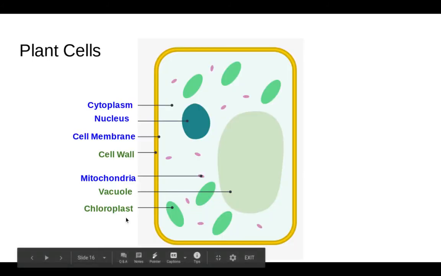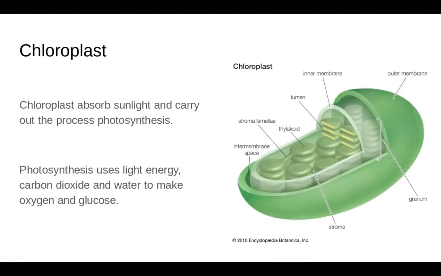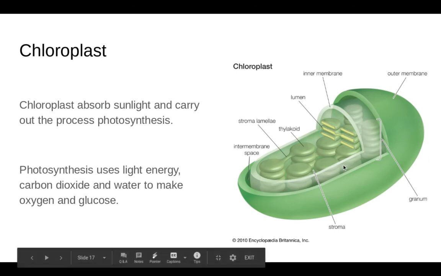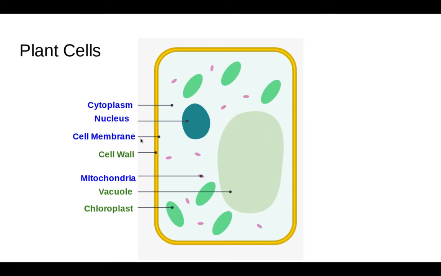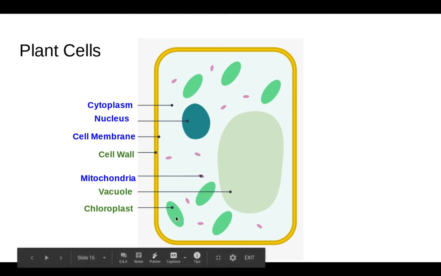Our final part of the plant cell is the chloroplast. This is probably the most important part of the plant cell. Okay, so let's look at this, the chloroplast, this green thing here. So the chloroplast, it absorbs sunlight, and photosynthesis actually happens here. So when we say plants do photosynthesis, the sunlight goes into the leaf and it goes into the cell and it goes into the chloroplast, this green thing here, or these green things.